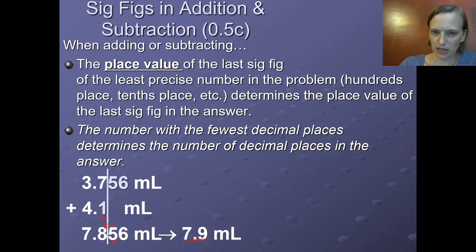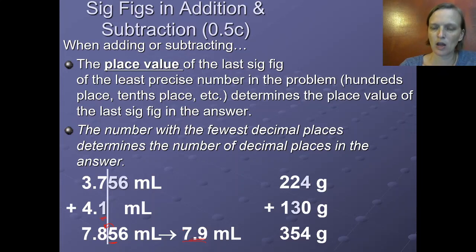Let's look at another example. If I have 224 plus 130, that gives me 354 grams. Again, what's my least precise number here? 130, only my tens place here is significant. This is a trailing zero in a number without a decimal point, so that is not significant.